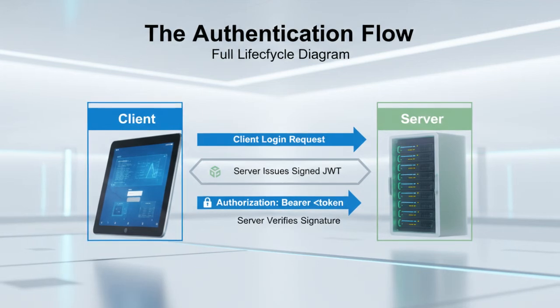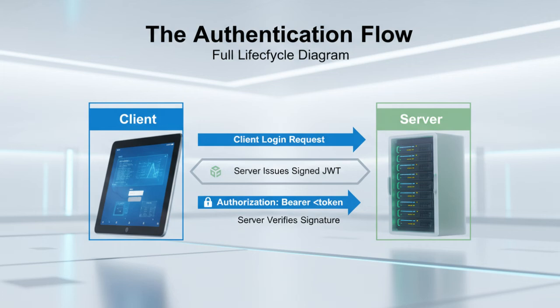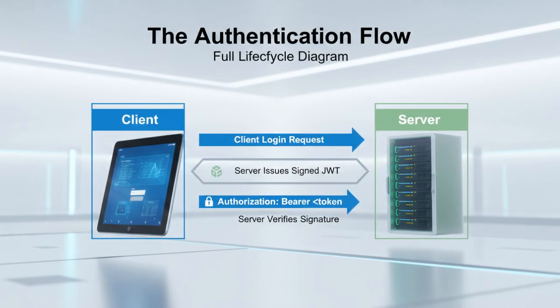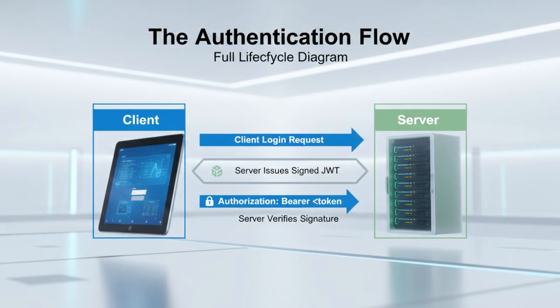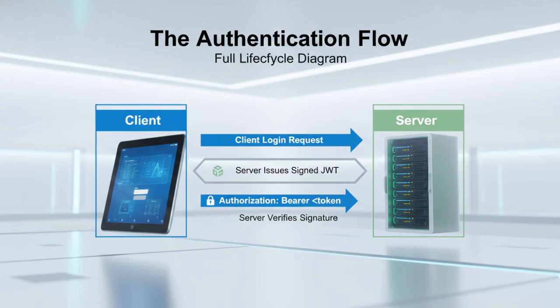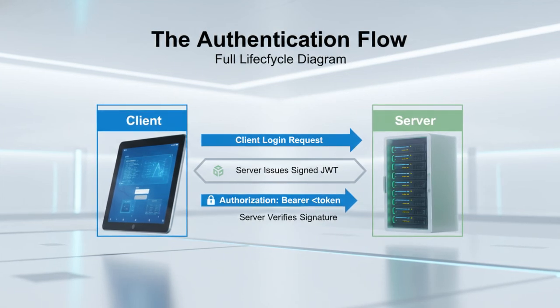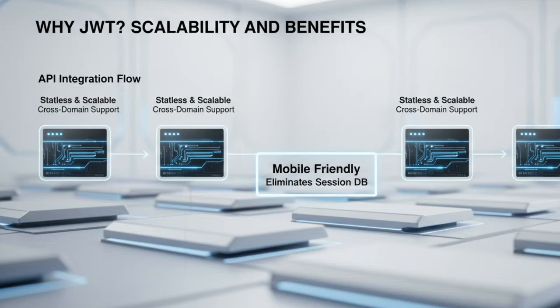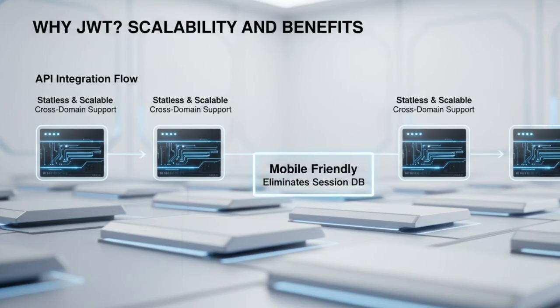Since the token contains all the necessary information, the server doesn't need to query a session database. It simply verifies the signature. If it's valid, the server grants access. This workflow eliminates the need for sticky sessions and centralized session stores, allowing your application to scale horizontally across global regions.